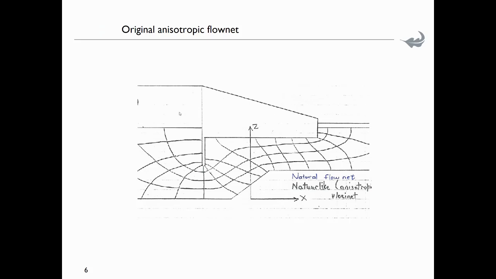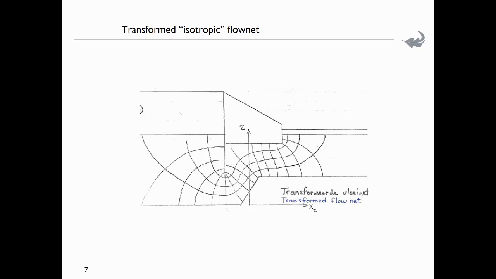In other words, it flows faster in the x direction. This is what the flow net will look like for the original structure, but once converted, we squash the structure. dn and ds now become equal again, and the normal rules apply, and you can do your flow net and you can do all the equations and exercises as if it's an isotropic soil.